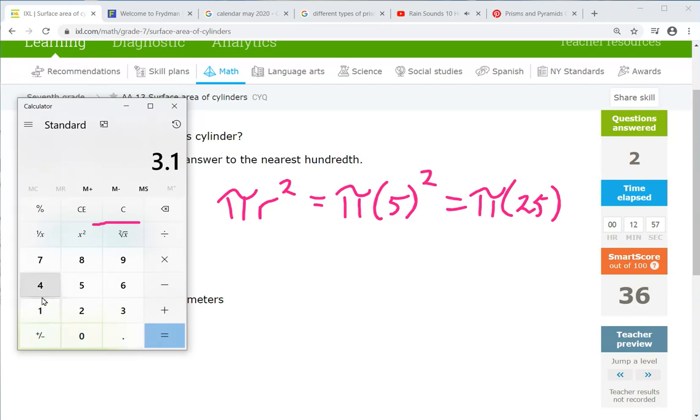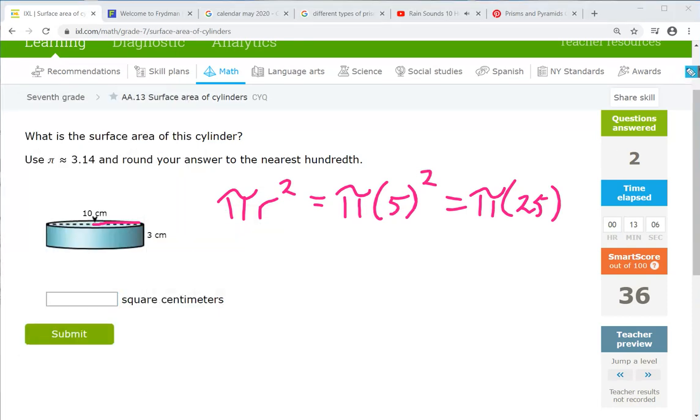But it's going to be a little bit more than 75. So 3.14 times 25, we get 78.5. That would be square centimeters.